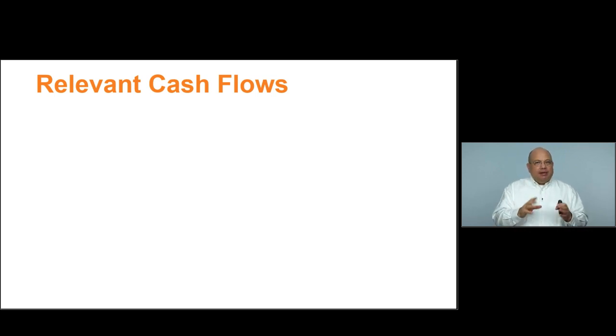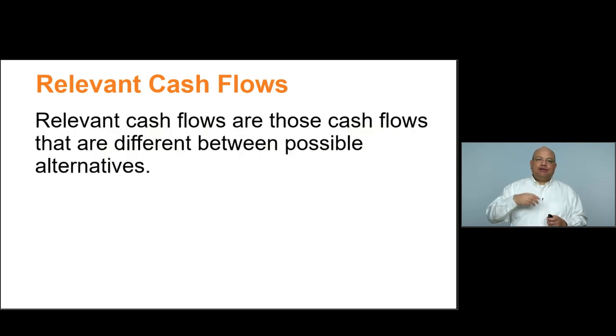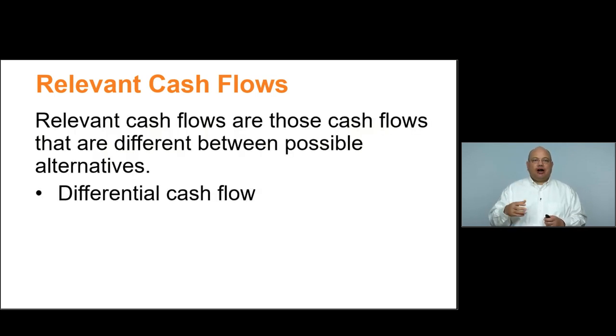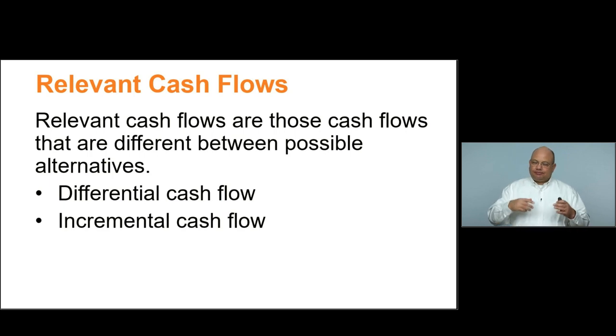Now again, we talked about the fact that there are two categories of relevant cash flows. There are differential cash flows and there are incremental cash flows. The difference between differential and incremental is really kind of a technical one that's not relevant necessarily. But when we're talking about a differential cash flow, it is the cash flow between two options, option A and option B. And the incremental cash flow is that difference cash flow between doing something and not doing something.